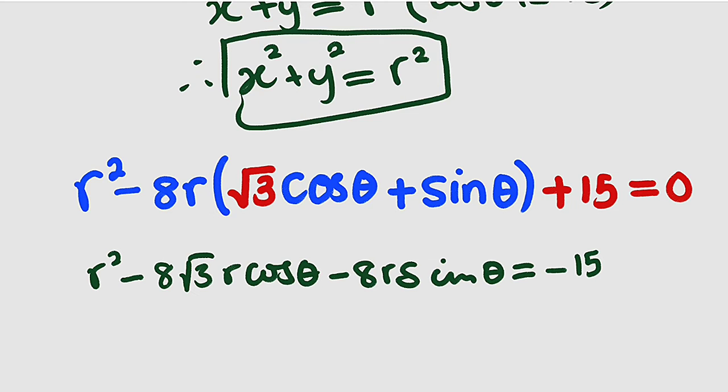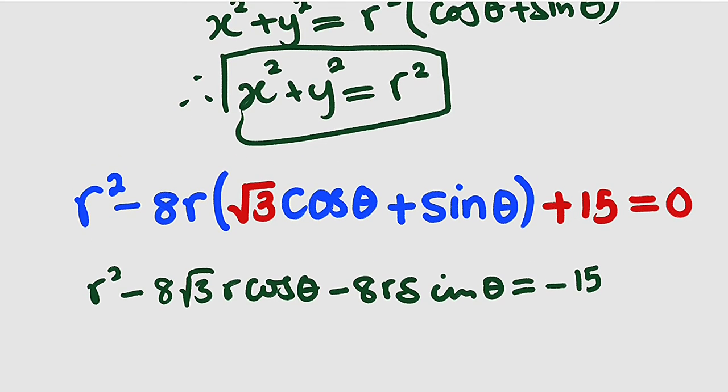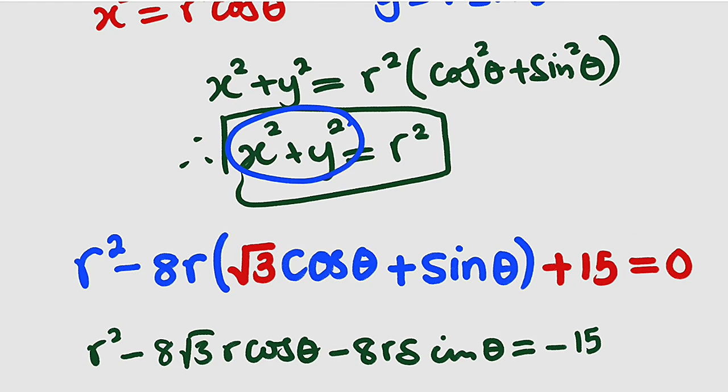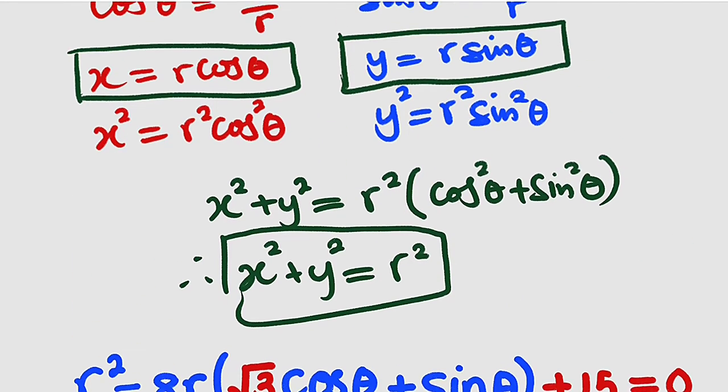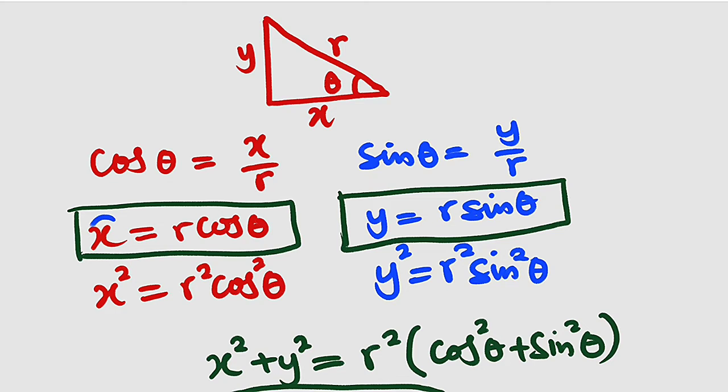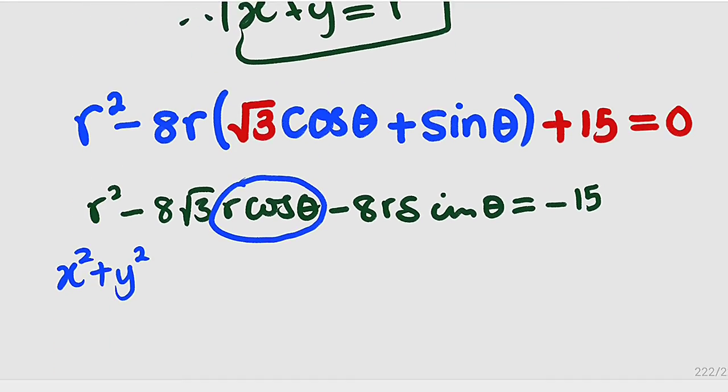So from here we can start substituting. Remember that r squared is x squared plus y squared. So I can now write x squared plus y squared here. Then we have r cos theta. Remember, r cos theta is equal to x, and r sine theta is equal to y, right?